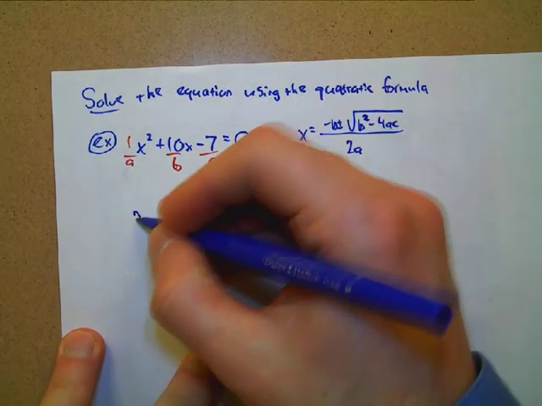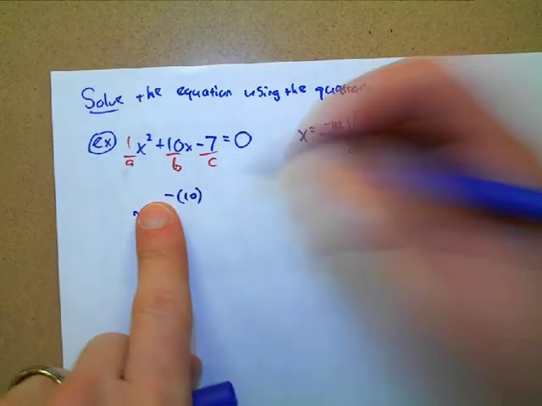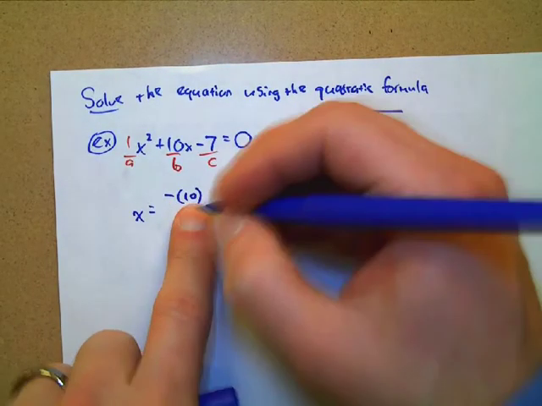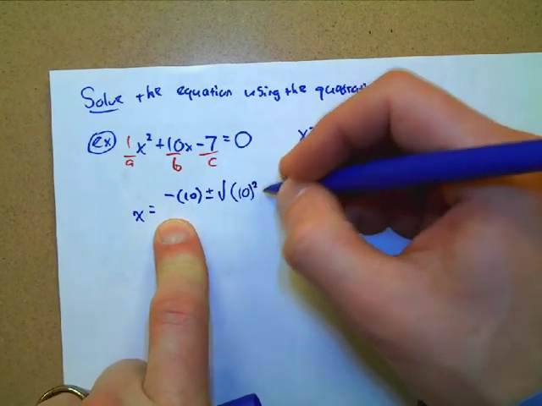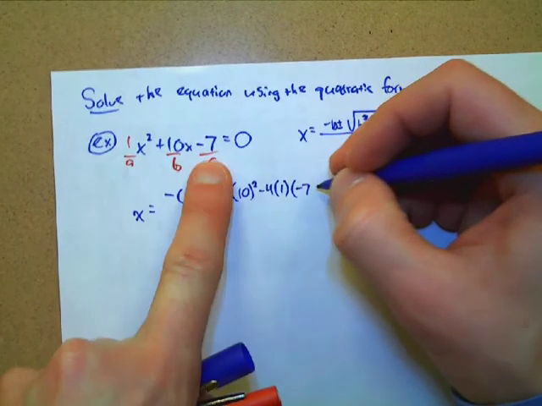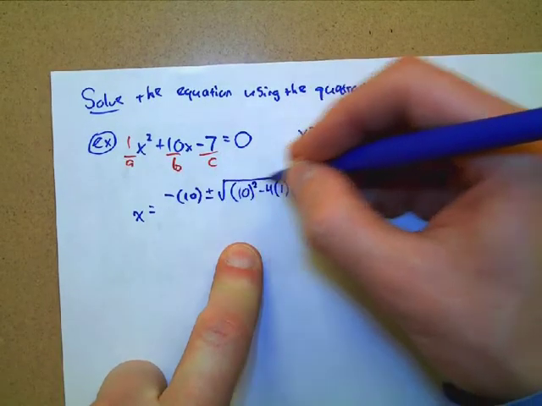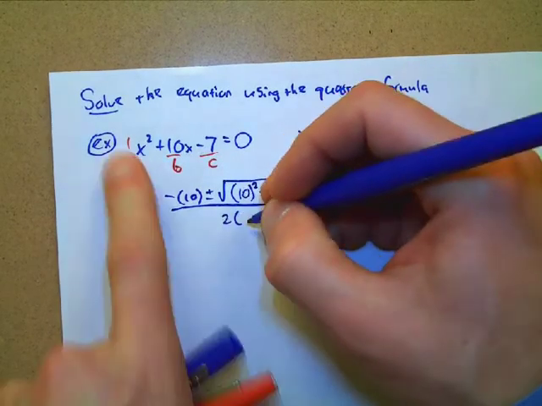So we're going to have x equals negative parentheses 10. The b is supposed to be negative, so I'm going to get negative parentheses 10 like that, plus or minus the square root of 10 squared minus 4 times a, which is 1, times c, which is negative 7, all over 2 times a, which is 1.